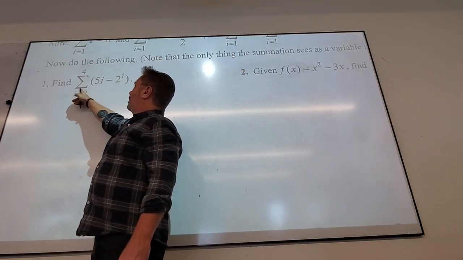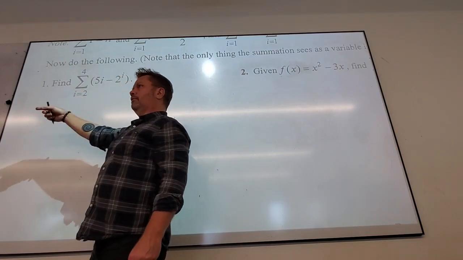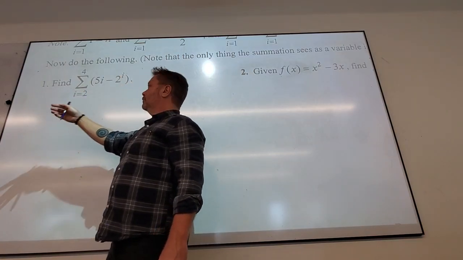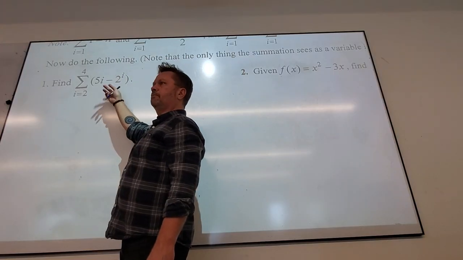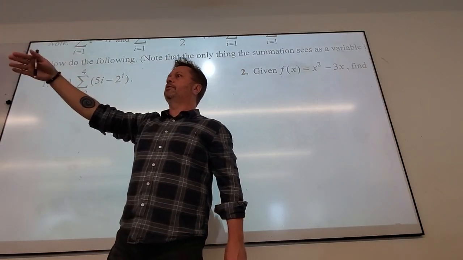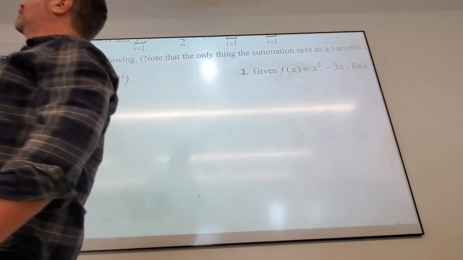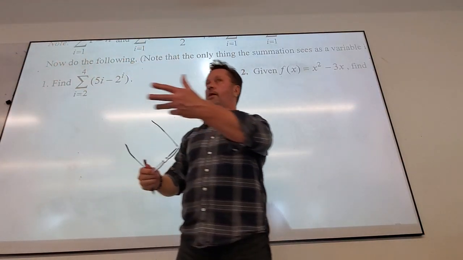So I want to add up all of these where i is 2, and then 3, and then 4. So it's really just plug a 2 in, plus plug a 3 in, plus plug a 4. It's one step on top of plugging stuff into a function: plug stuff into a function and then add them all up.